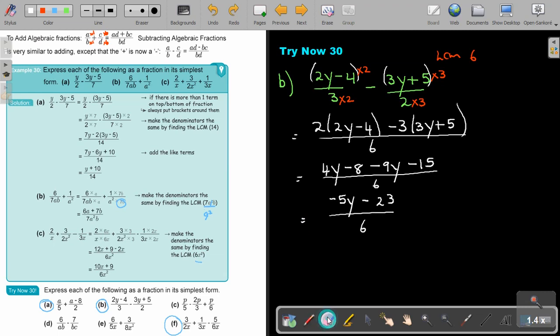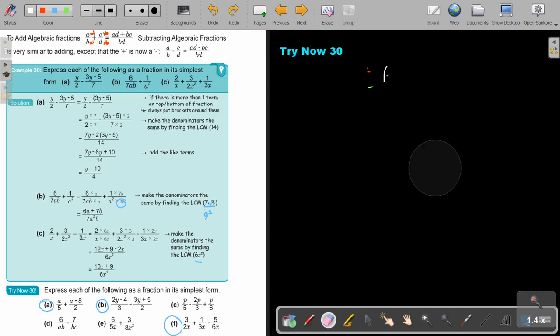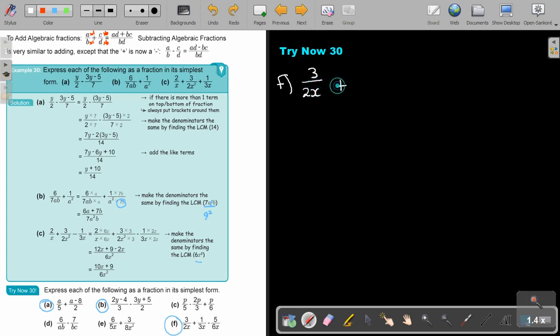And then the last one, that will be number F. And this will be 3 over 2x plus 1 over 3x minus 5 over 6x.